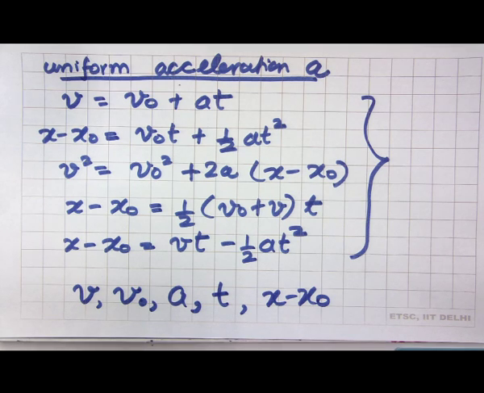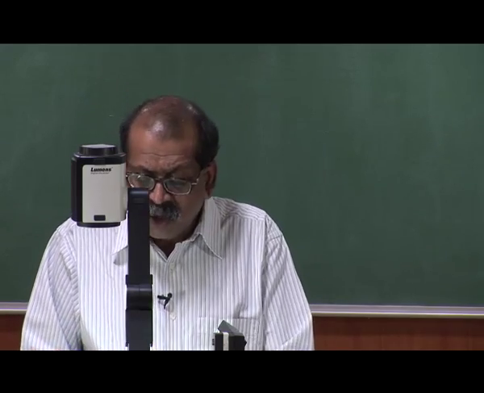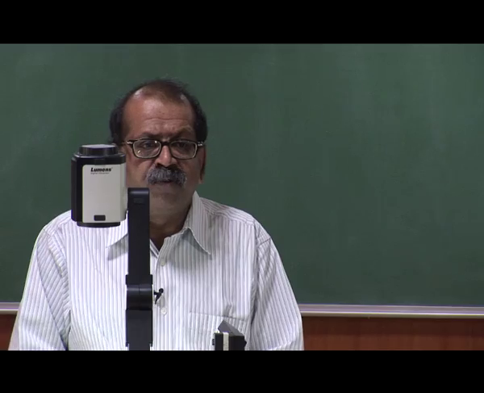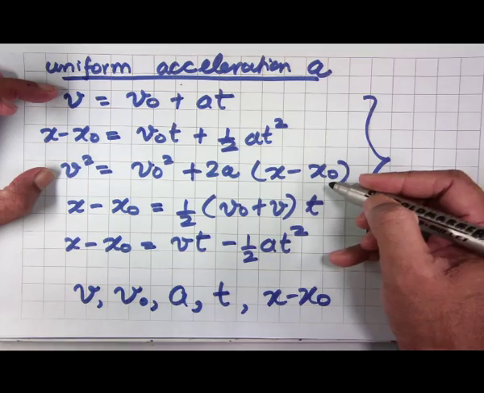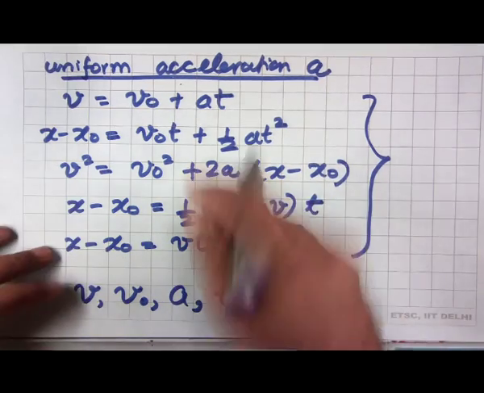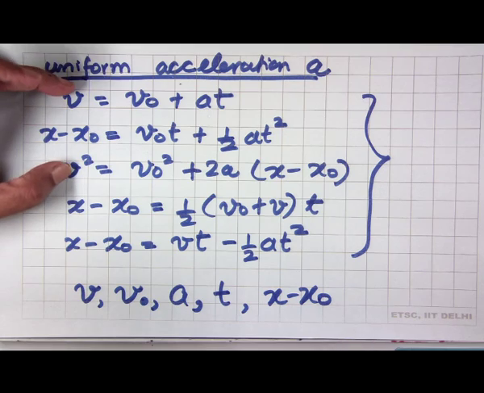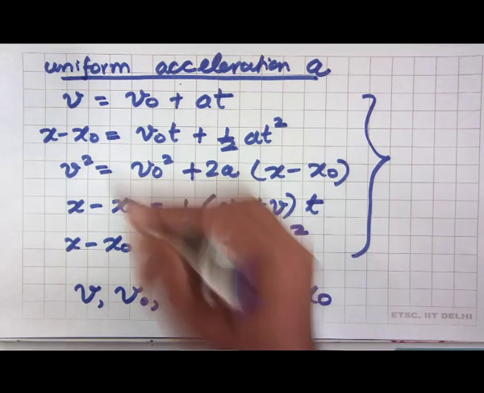These are our 5 variables, and in each of these formulas you will find that 4 of these variables come, and 1 variable is not there. So, depending on what is given and what is asked for, you have to use an appropriate formula. Normally, the first 3 formulas are enough. The other 2 formulas directly fall from the first 3 formulas, and we use these.